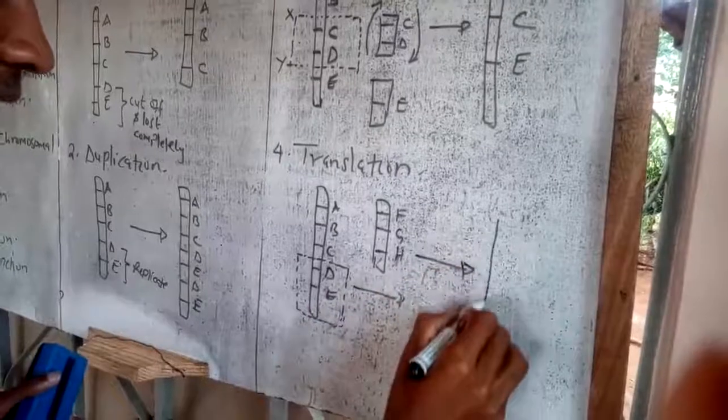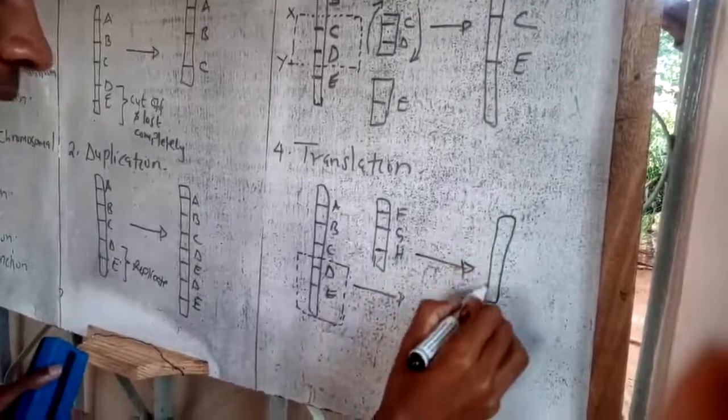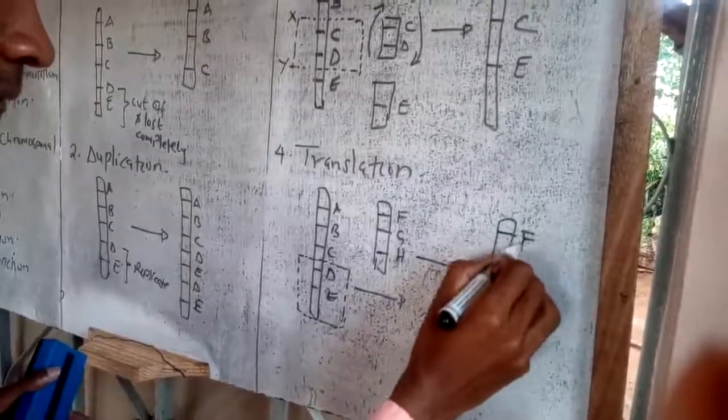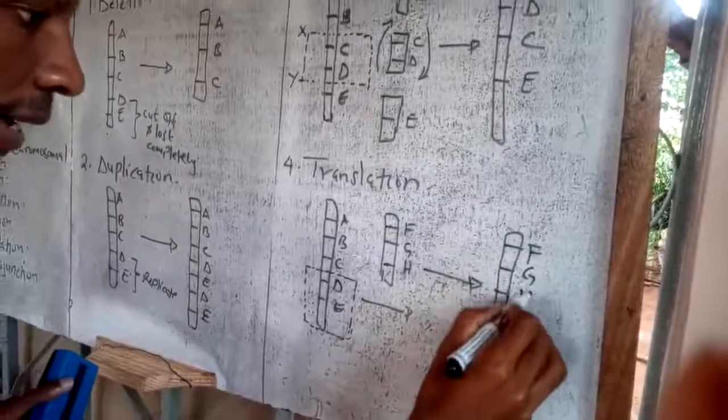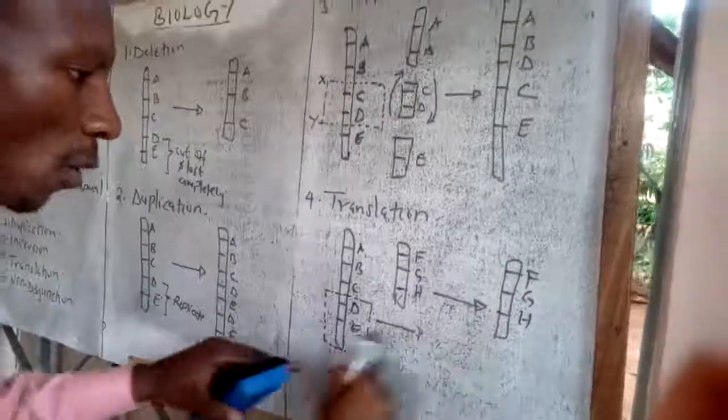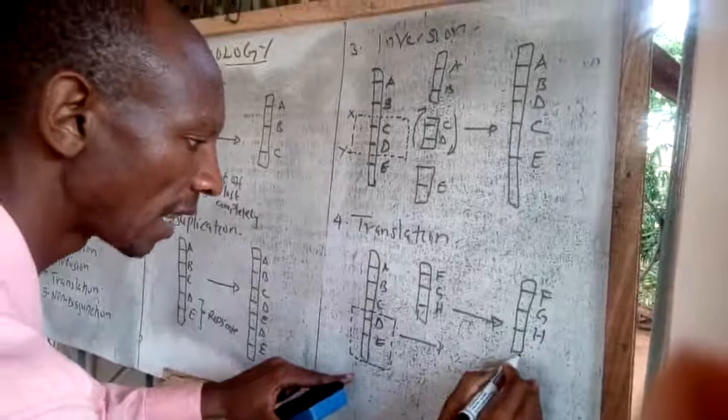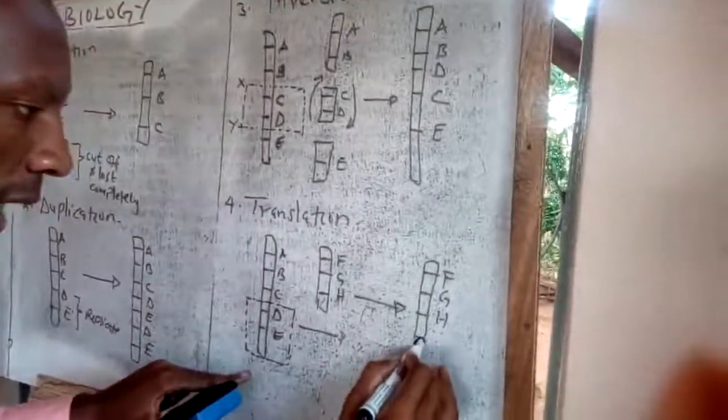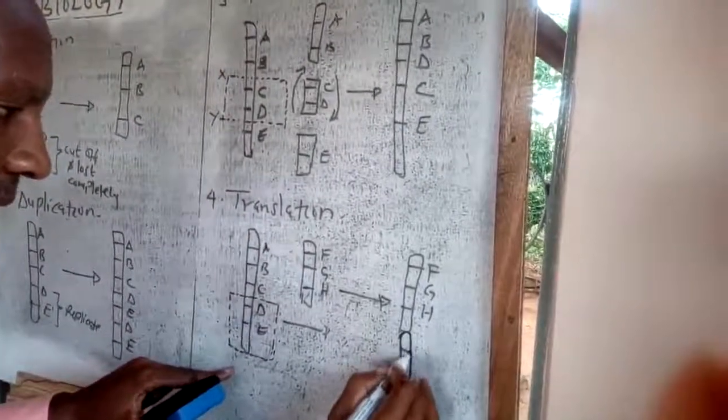And therefore the non-homologous pair, that is F, G, H, and also it becomes connected to the piece which broke, and the piece which broke is represented by D and E.